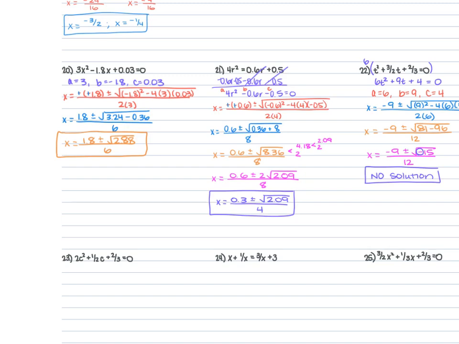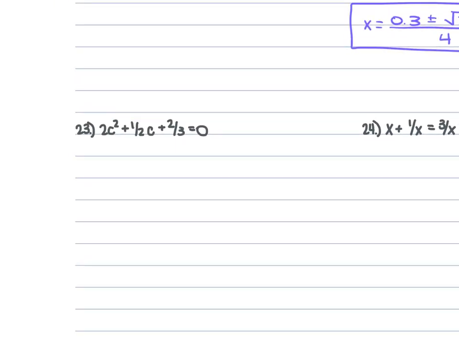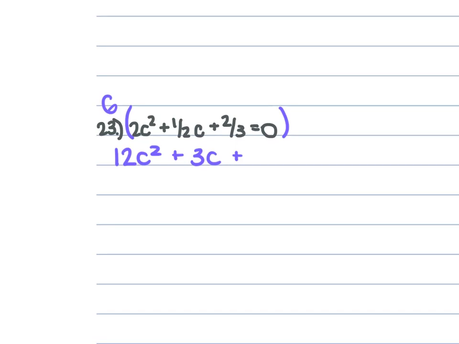For 23, we are given 2c squared plus 1/2 c plus 2/3 is equal to 0. So I'm going to multiply everything by my least common denominator, which is 6. So we're going to get 12c squared plus 3c plus the 3 and the 6 simplified to become a 2 and a 1.